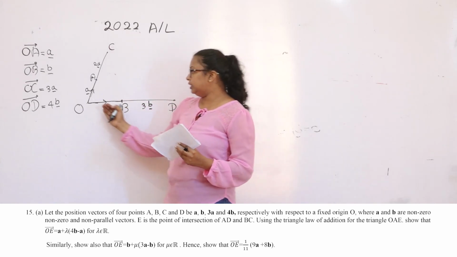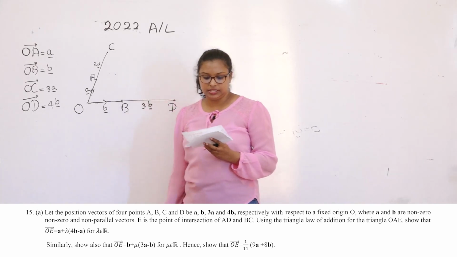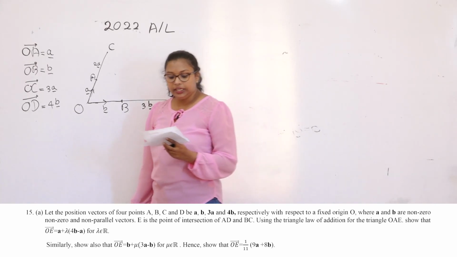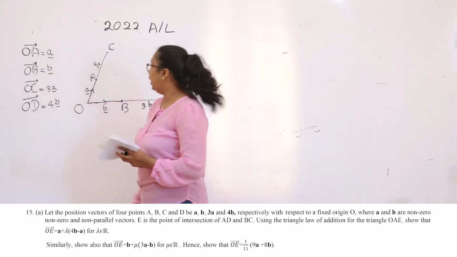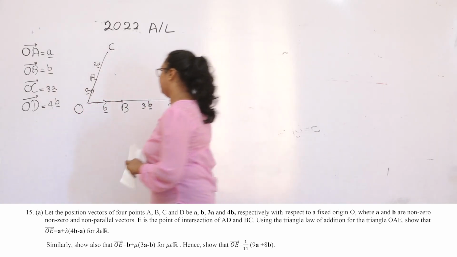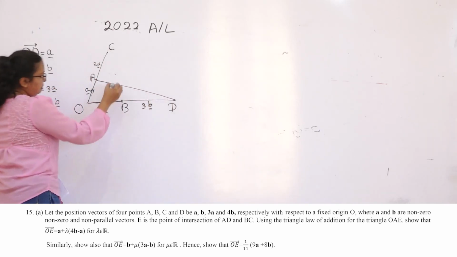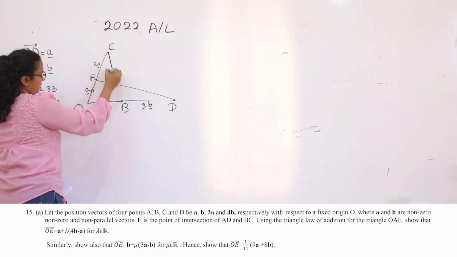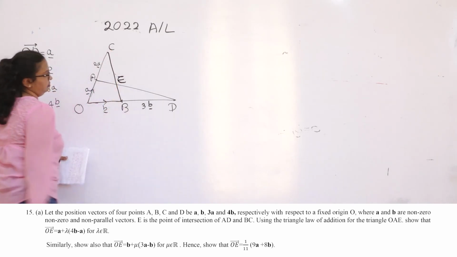And you can see that these two vectors are non-zero, non-parallel vectors. Okay, that is important. E is the point of intersection of AD and BC. AD means this. BC means this. So the intersection point, they have mentioned that it should be E. Right?